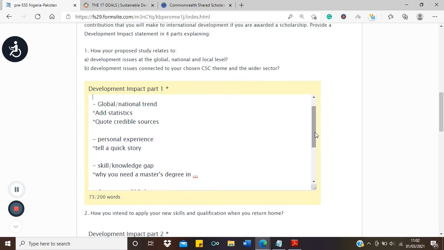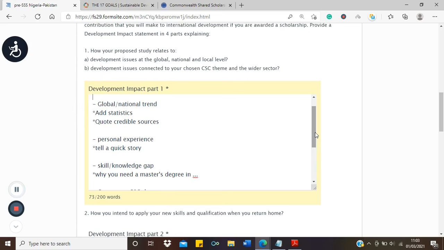So say according to the Human Rights Watch, for instance, or according to the Transparency International Index, according to the World Habitat Foundation, according to this, according to that, my country, Nigeria, ranks 40 out of 45 when it comes to environmental protection. My country ranks 50 out of 52 when it comes to corruption.